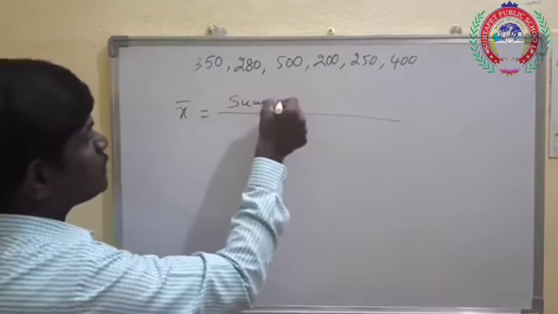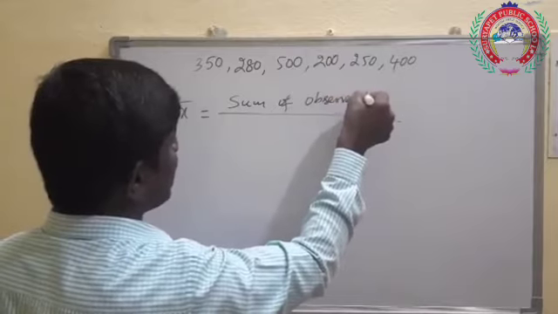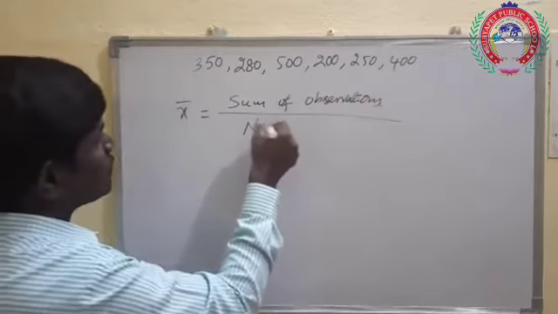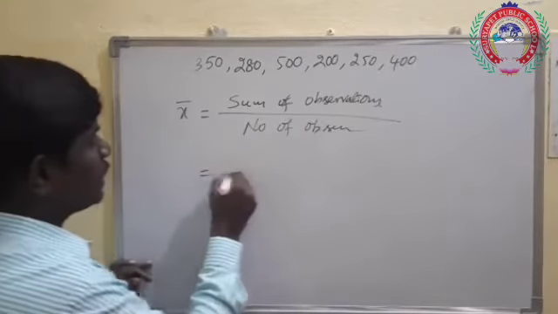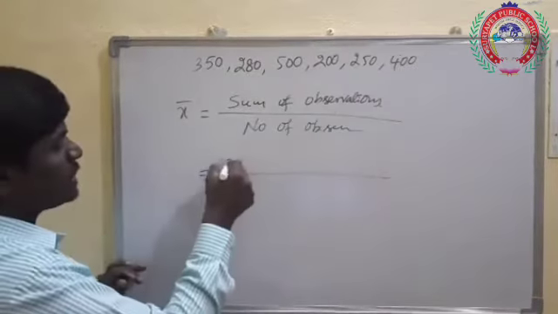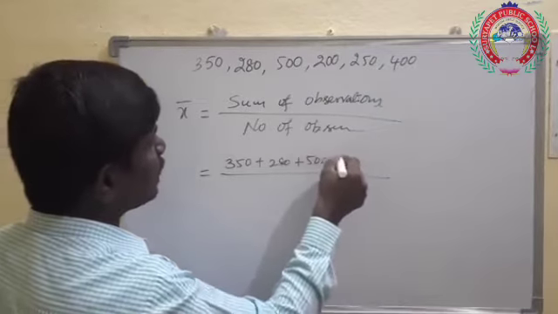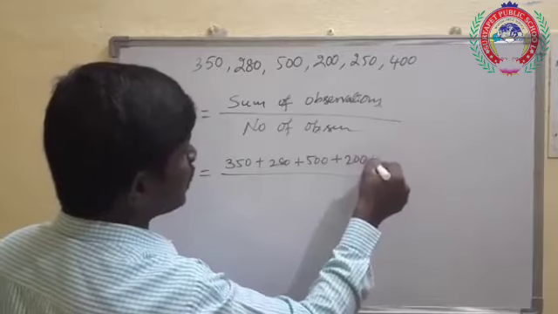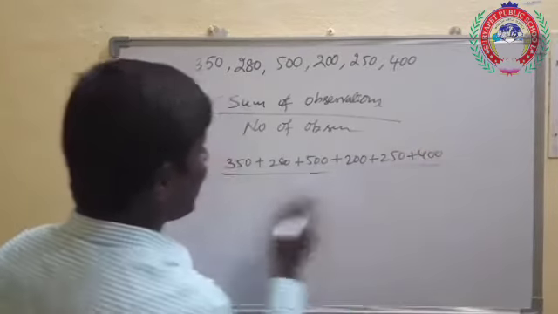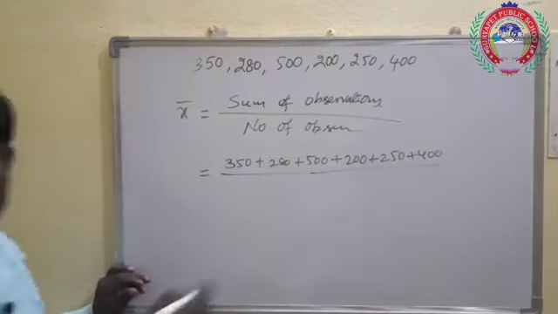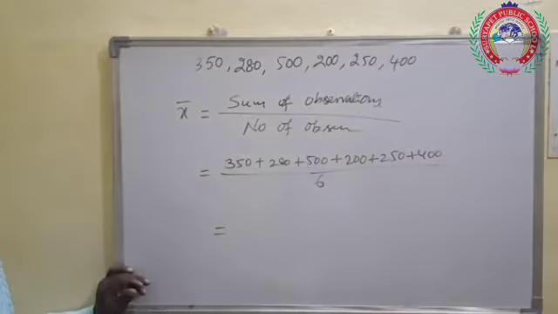Sum of all observations divided by number of observations. Here sum of all observations is 350 plus 280 plus 500 plus 200 plus 250 plus 400. And how many observations are we adding here? 6 observations.